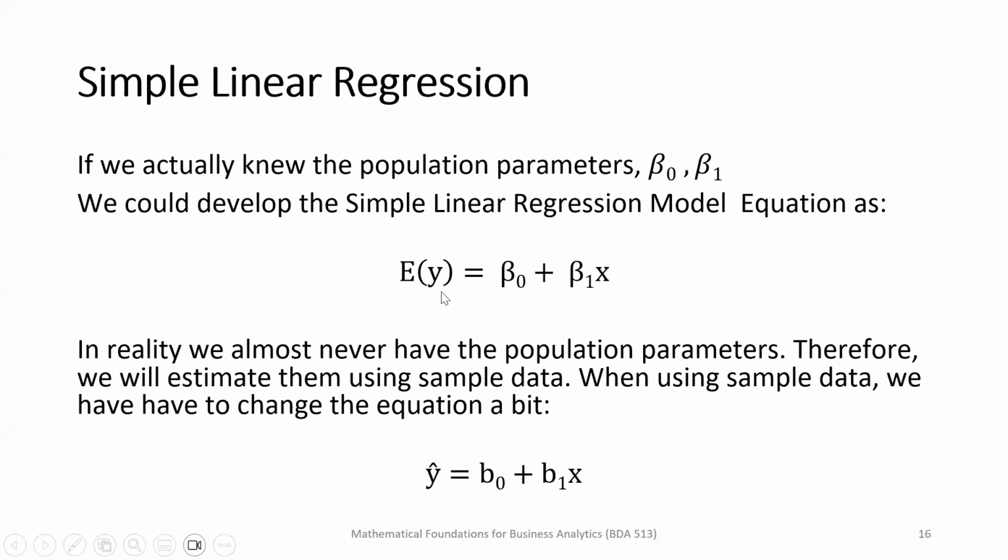So basically, where we have the expected value of y, that is the intercept, and then the coefficient, in other words the slope. This is a situation whereby you are using the whole population parameter. Since most of the time you will not know the population parameter, we rather use a sample.